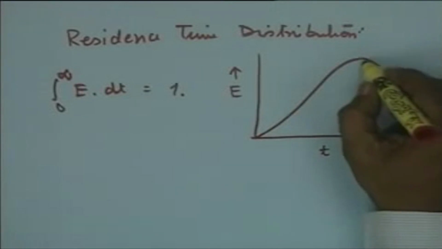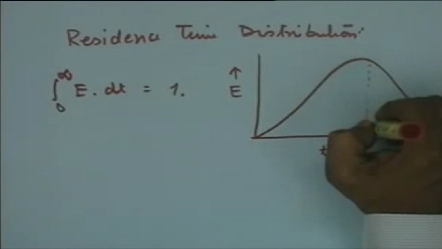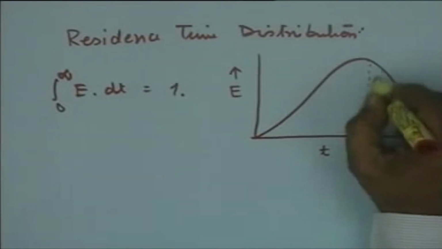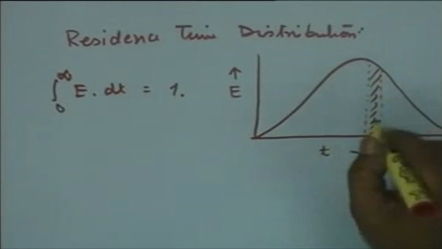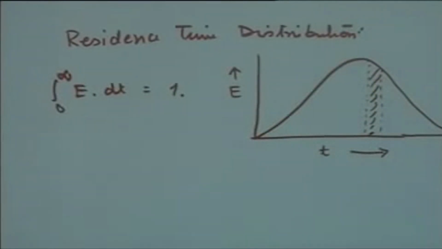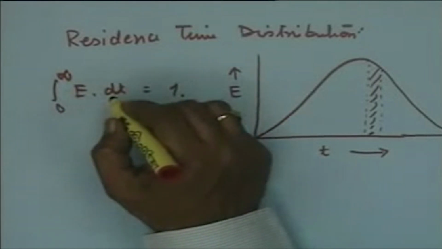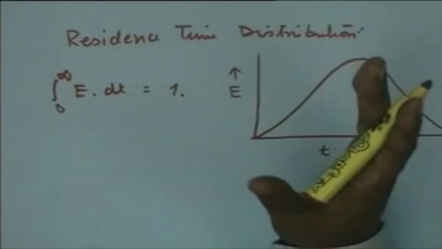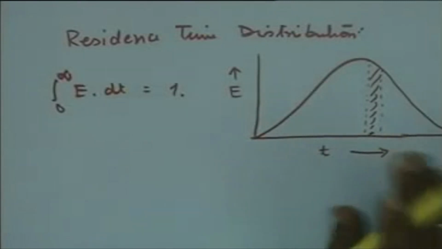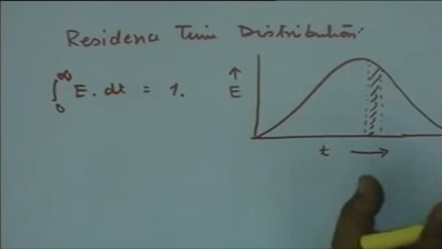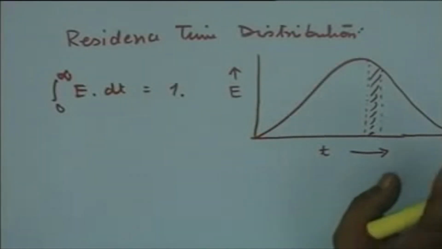Now, if you consider a very small element in this distribution having age between t and t plus dt, then the fraction of the exit stream of age between t and t plus dt will be E dt, and this fraction integrated over infinite time will give you the total fluid flowing through this reactor.